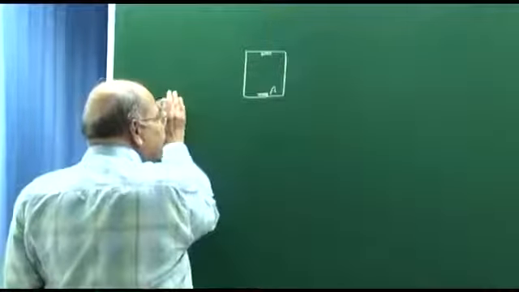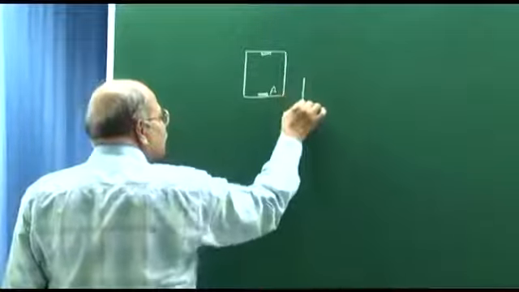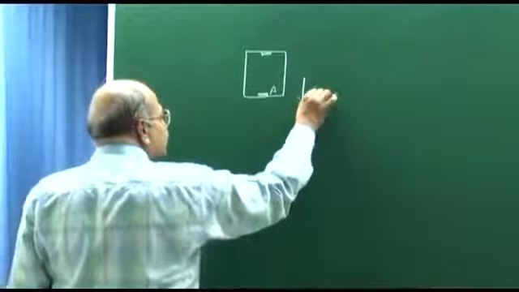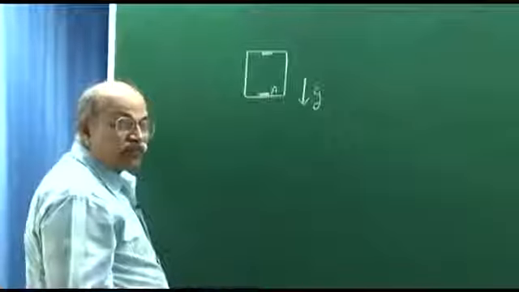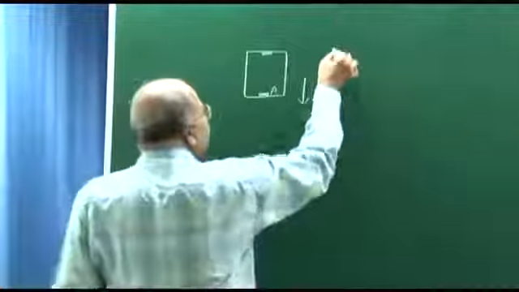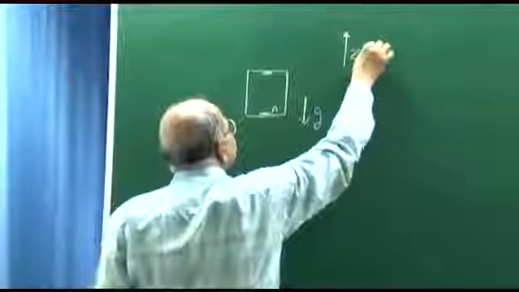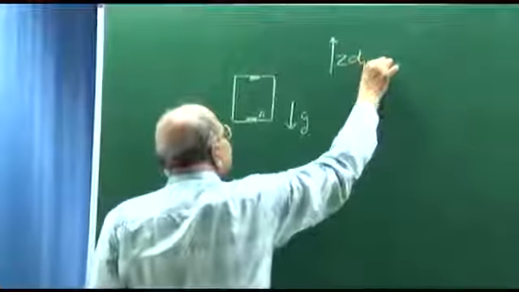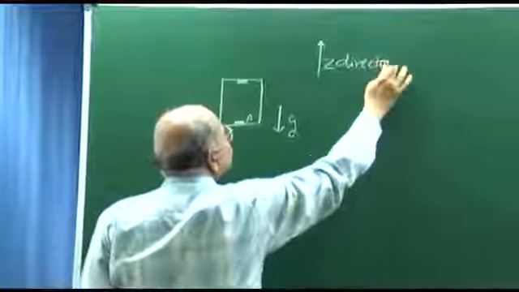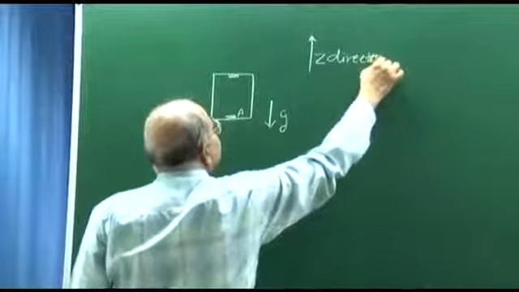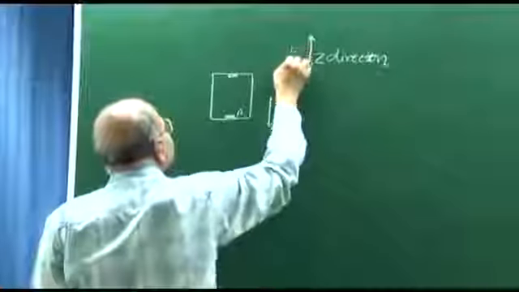So in the inertial frame, the box is going with an acceleration g here. You can take the upward direction as z direction, so that the unit vector in this direction will be written as k cap.